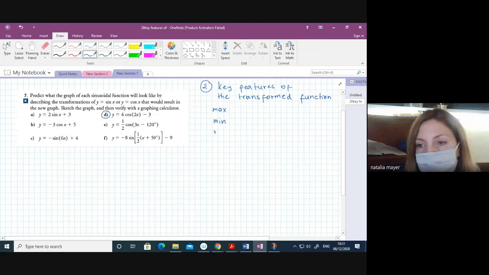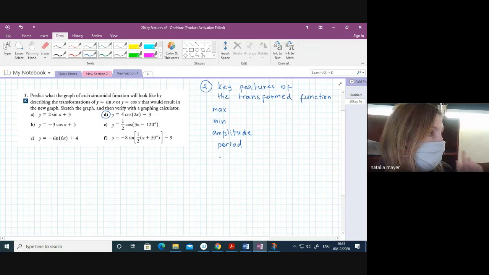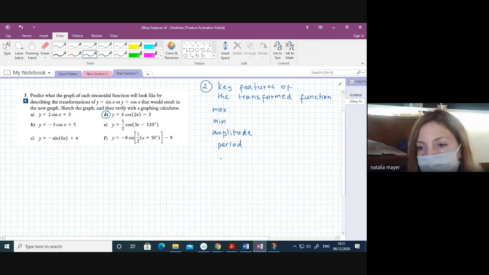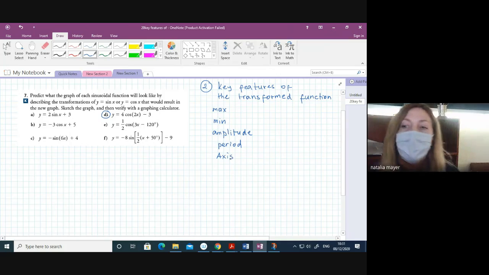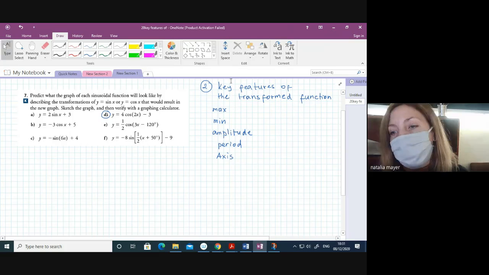Amplitude. Period. And something else. What else is there? Y-intercept? No, but axis. The equation of the axis. Yes, in fact it is.